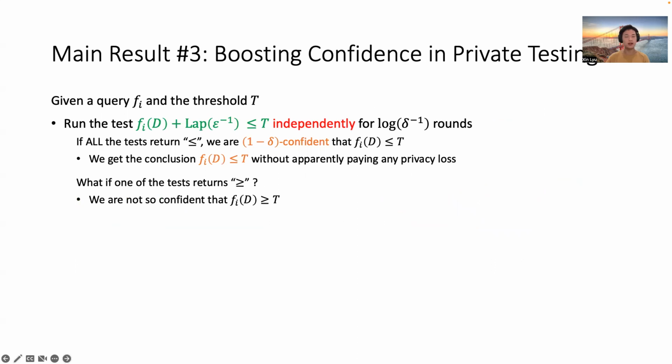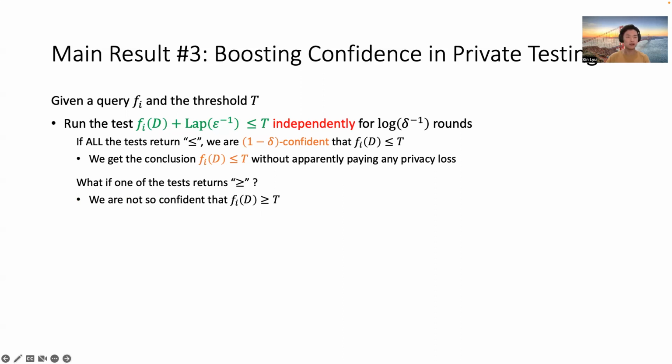Let's consider the outcome of these tests. If all the tests return less than, then we are at least 1 minus delta confident that f_i of D is less than t. This is just because if f_i is greater than t, then we fail each test with probability at least 1/2, and it's very unlikely that we fail none of these tests.